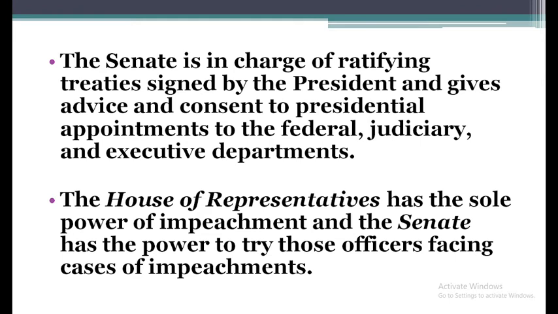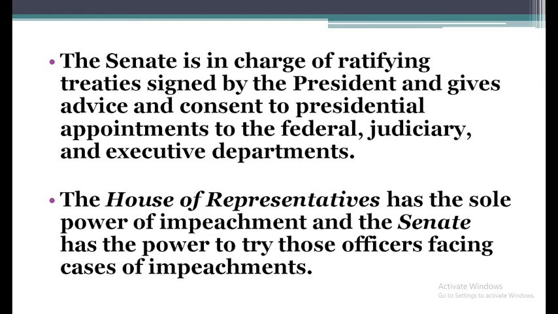Similarly, the House of Representatives has the sole power of impeachment. It is the sole power of the House of Representatives to impeach any officers in the United States government. Similarly, the Senate has the power to try those officials facing cases of impeachment.